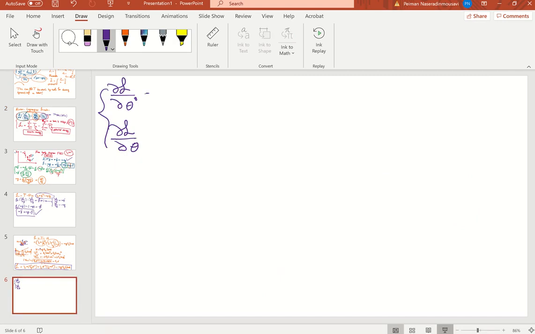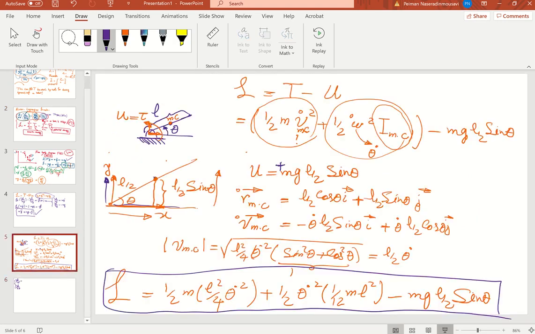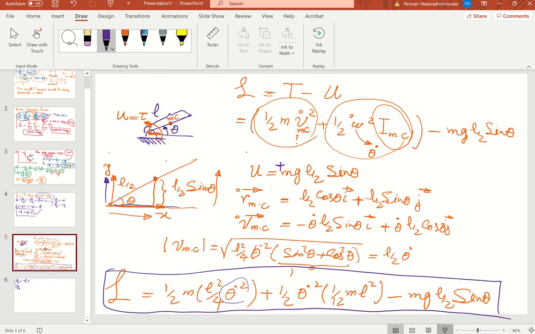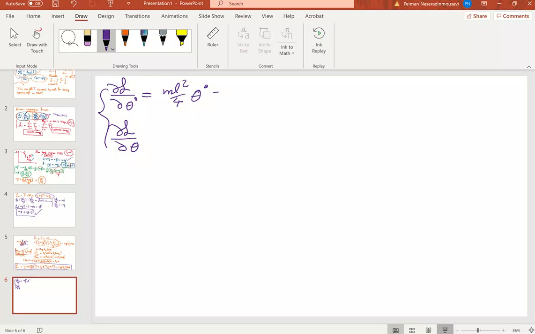So the partial of L over the partial of theta dot: you have 1 over 2 here, 2 with 2 goes away, giving ML squared over 4 theta dot. Another is here, theta dot, 2 with 2 goes away, giving ML squared over 12 theta dot.